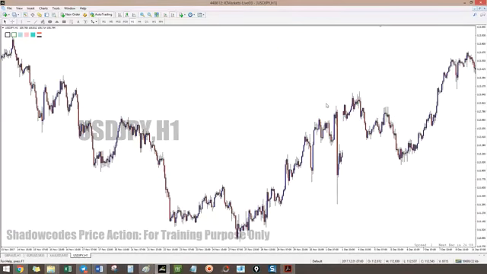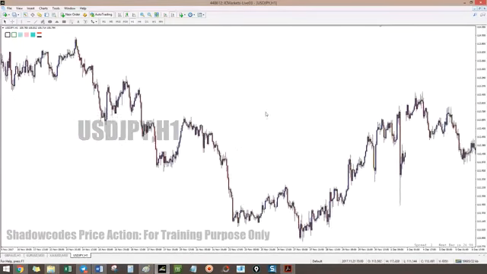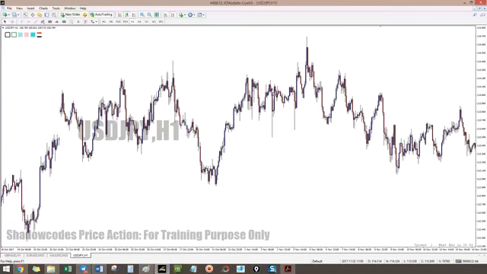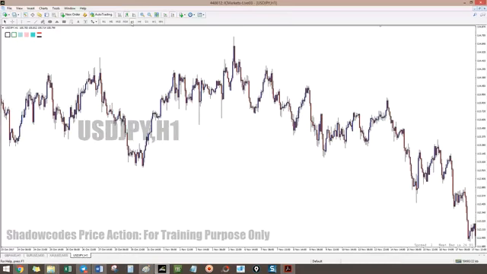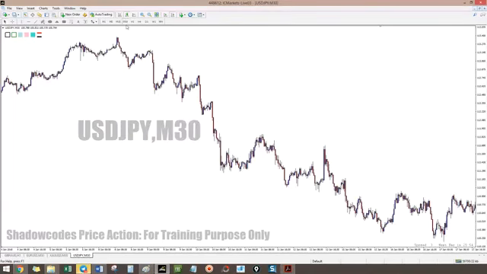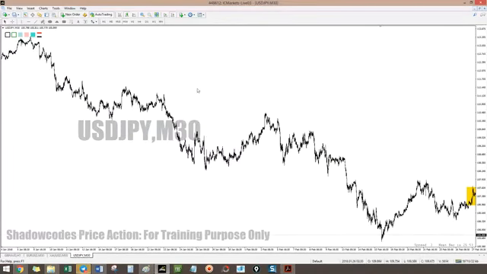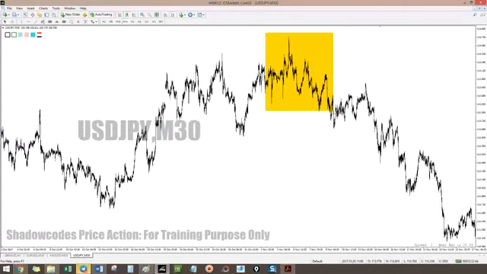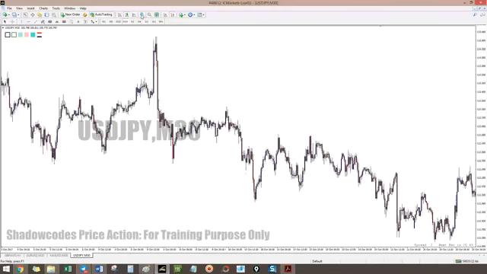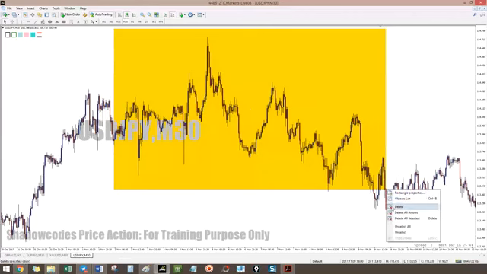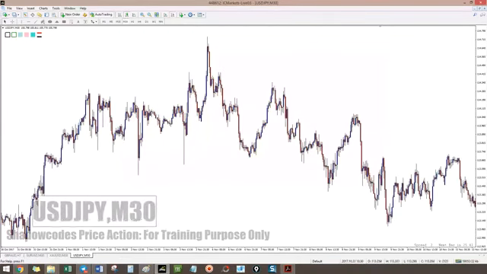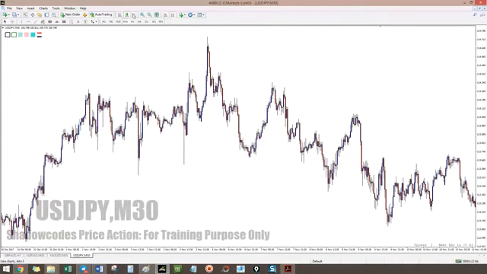No, it's not a good one. Alright, this is a good one. Over here, we take the line chart.